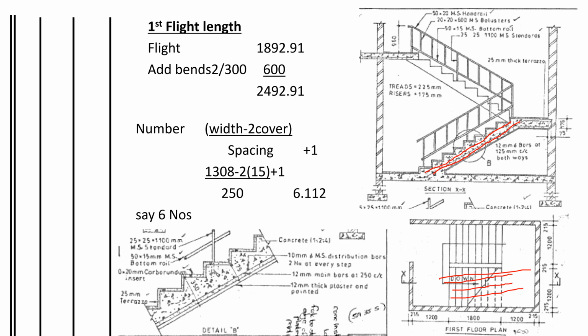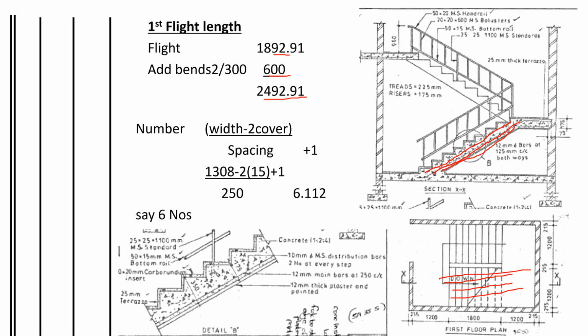Alright, so the length will be equal to the hypotenuse of this flight. Then we shall add the bends, 300 on each side. Then after getting this, we shall calculate what is the number of those bars.